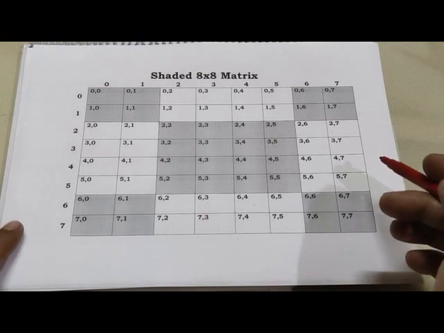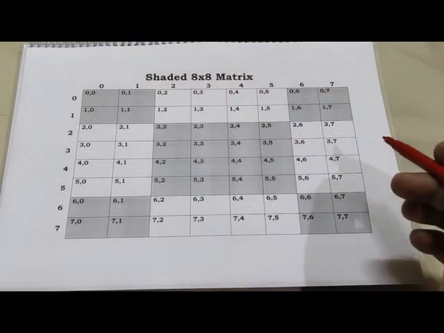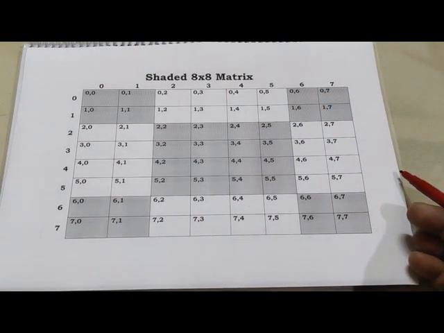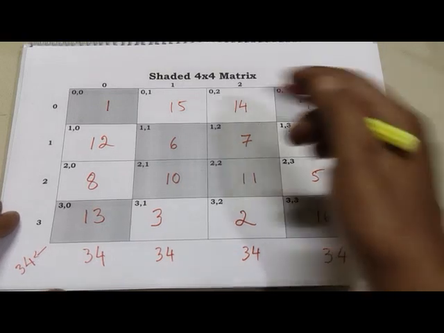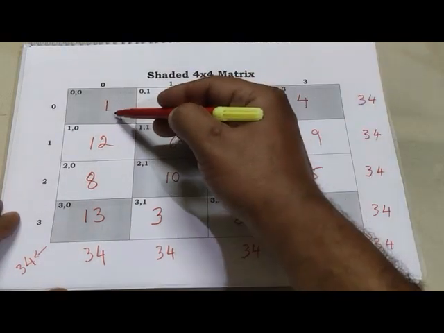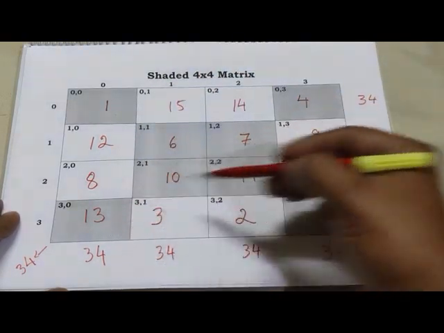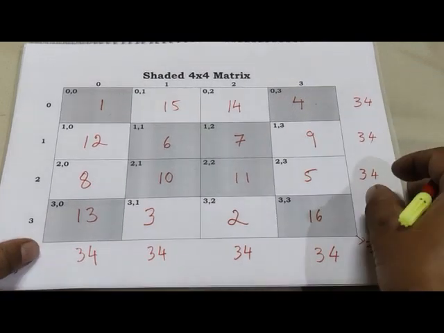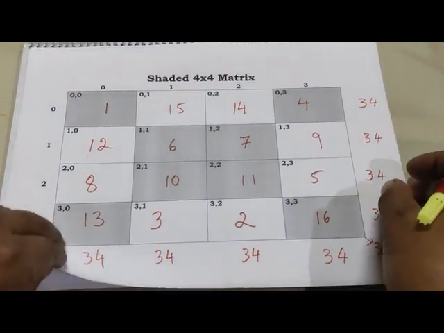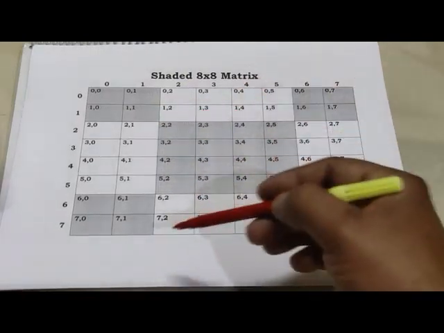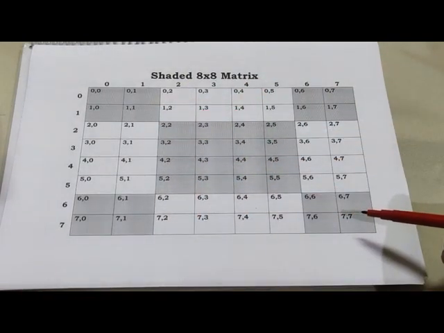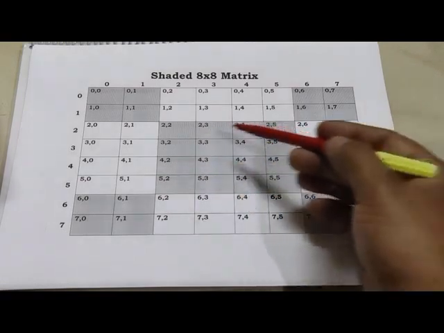What is actually happening is, for a 4 into 4 matrix, let's get back to what we had done previously. Here you can see the shaded portions, and we had only 1 cell in each of this shaded portion. However, the symmetry is still the same. If you observe carefully, all the 4 corners we have the shaded portion, and even in the middle.